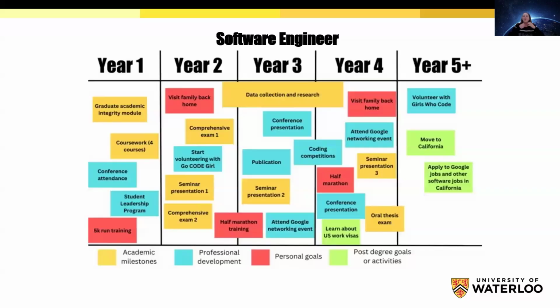And then we have post-degree goals or activities showing up in years 4 and 5. Things like learning about US work visas, for example, or looking to move to California or applying to Google jobs and other software jobs in California, because applying to those kinds of jobs makes sense for that title of software engineer.